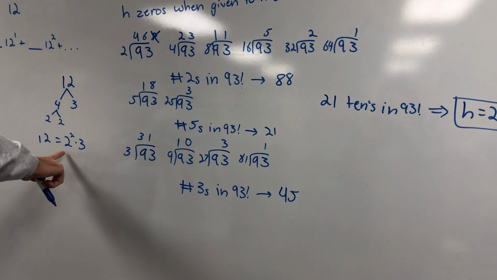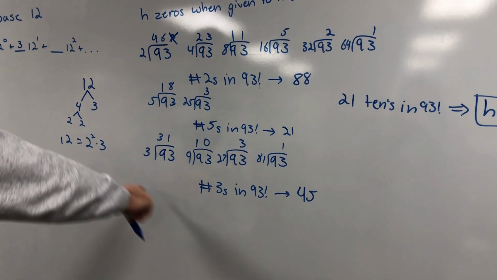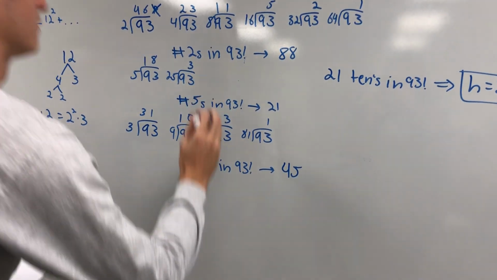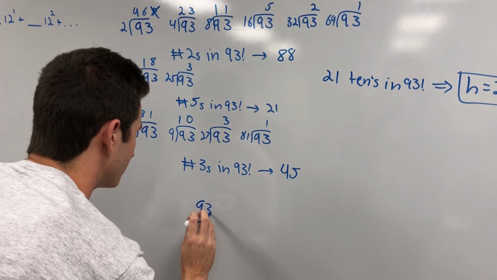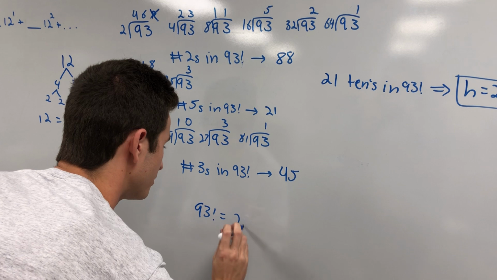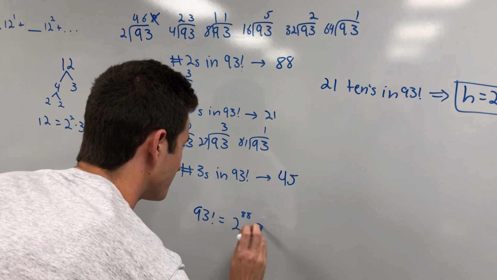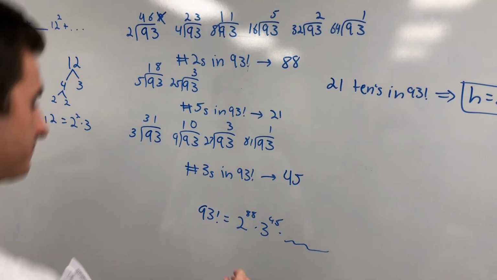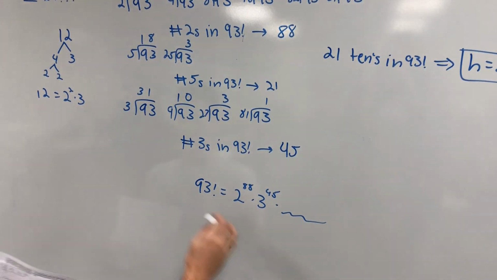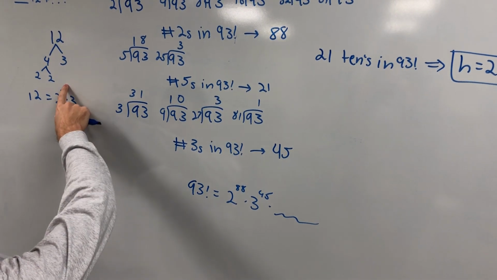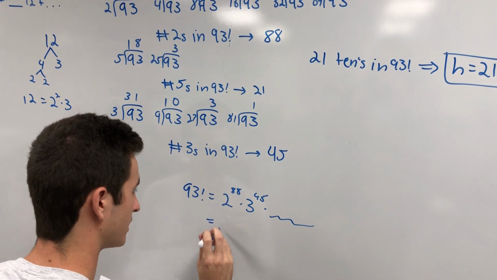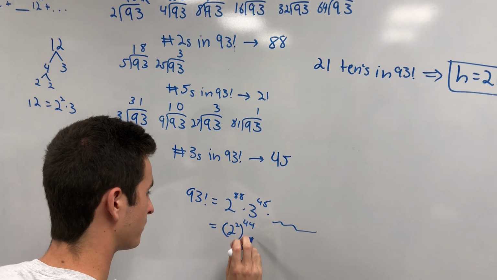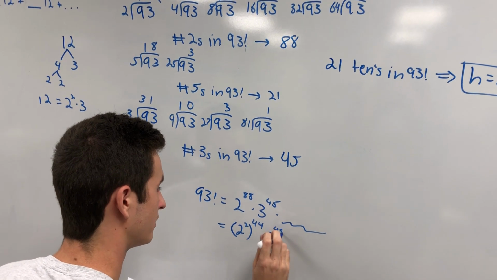So we have to look at the number of 2 squared. It's going to be 93 factorial equals 2 to the 88 times 3 to the 45 times whatever else. But we have to look at 2 squared. So if you rewrite this, it's 2 squared to the 44 times 3 to the 45.